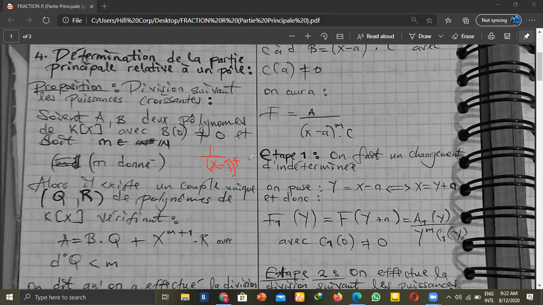This is its multiplicity. So how are we going to write it? In the form of it, the decomposition, what will it be? How are we going to write it?